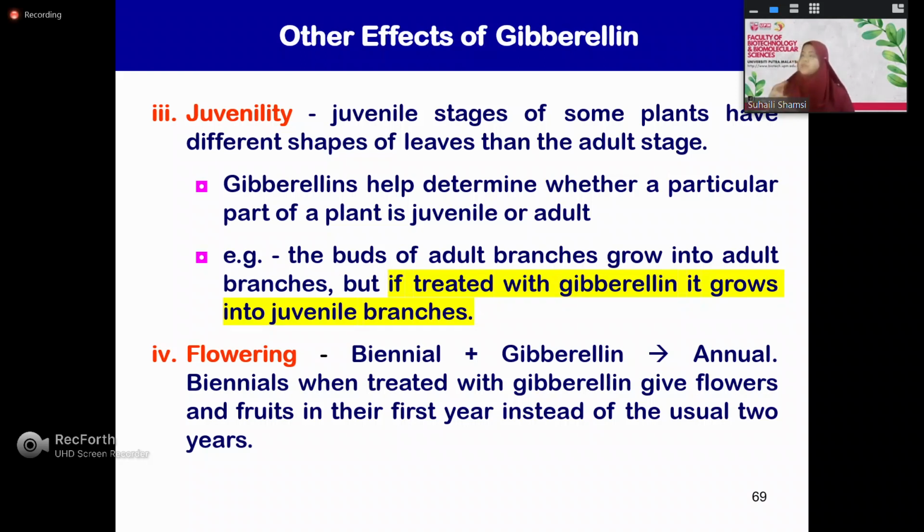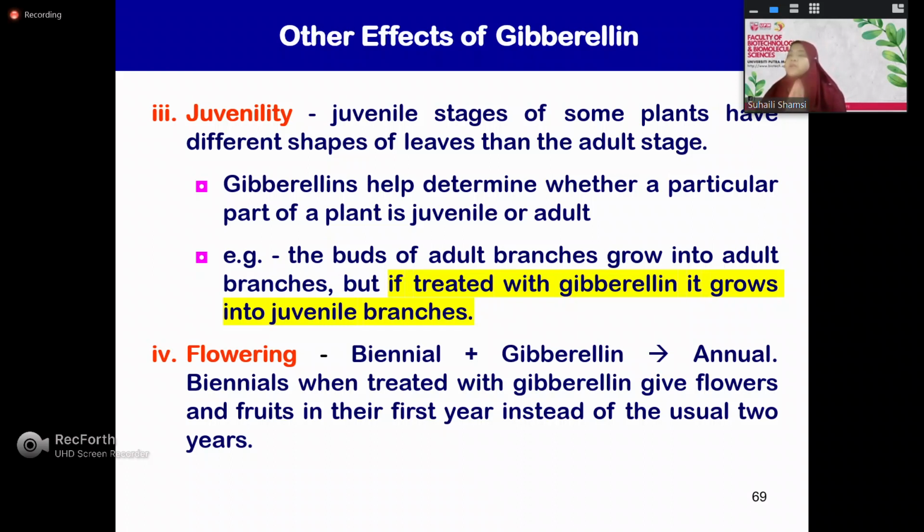So juvenile stages of some plants have different shapes of leaf than the adult stage. Gibberellic acid determines whether a particular part of a plant is juvenile or adult. For example, the buds of adult branches grow into adult branches, but if treated with gibberellin, they grow into juvenile branches. So the plants would keep on being juvenile, right?